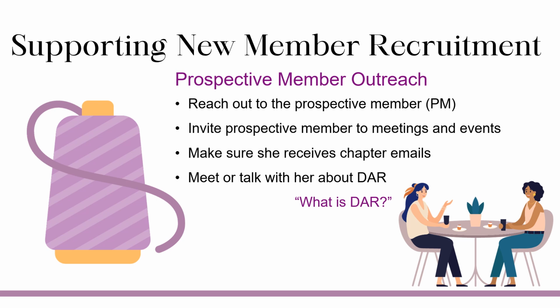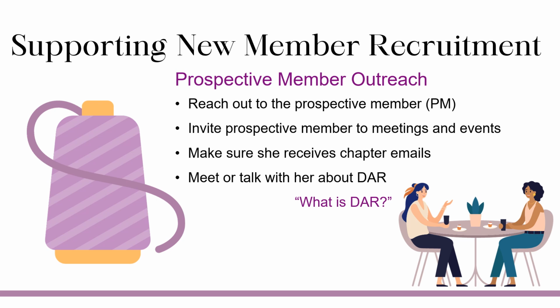Let's begin where our members begin, as prospective members. The recruitment thread is designed to support prospective member outreach. With this model, the membership chair and her team may be the first point of contact. It starts by connecting with a prospective member and welcoming her to your chapter.